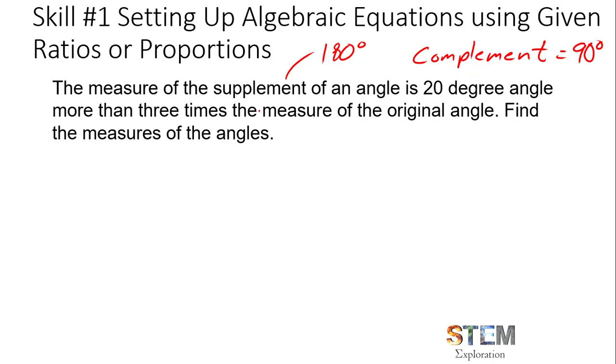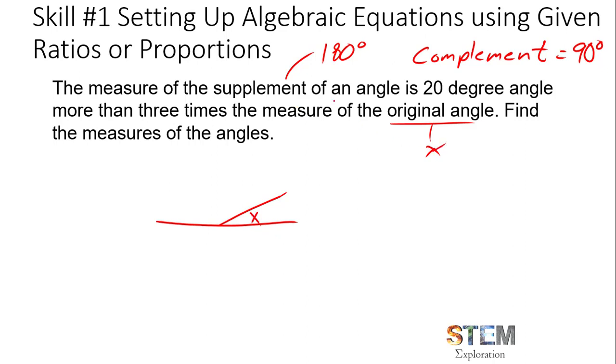All right, and so if the measure of the supplement of an angle is 20 degree angle more than 3 times the measure of the original angle, find the measure of the angles. Okay, so we're going to create something like this. It's probably going to be some type of proportion. All right, let's say the original angle is x. So this is x right here.